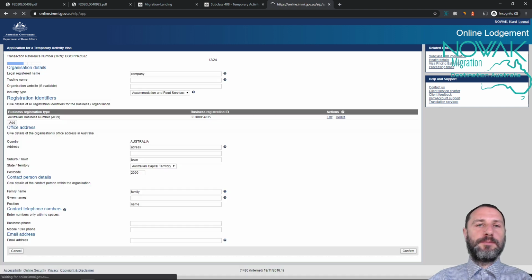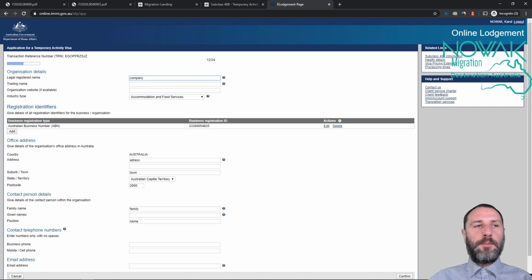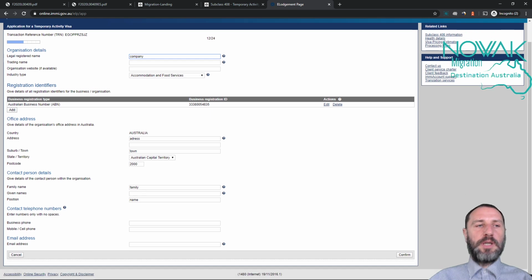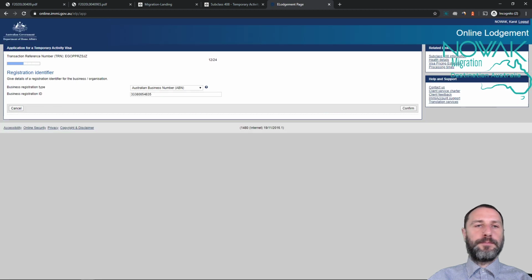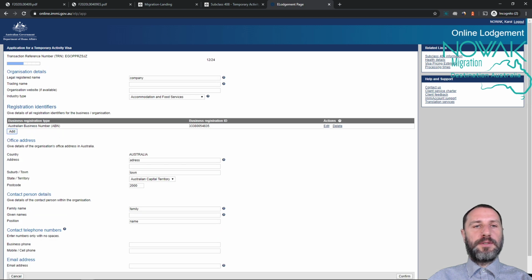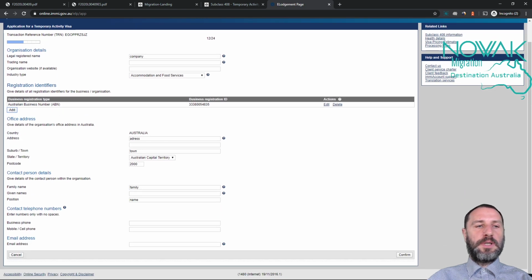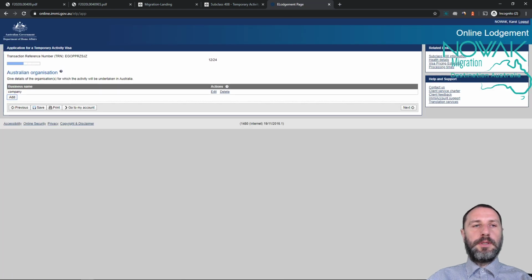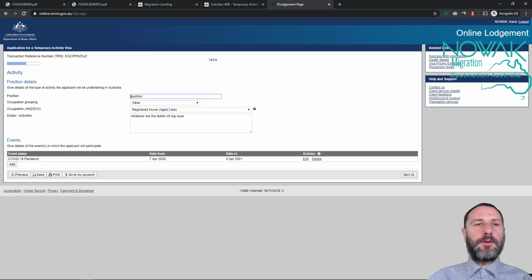So: company, trading name, the information about the company, their ABN, ACN, whatever they've got. ABN, ACN, ASX, country of incorporation, the identifiers, office address of the company, contact person details. This is the information which must be provided. Confirm. Once you provide the organization details, you can go further.